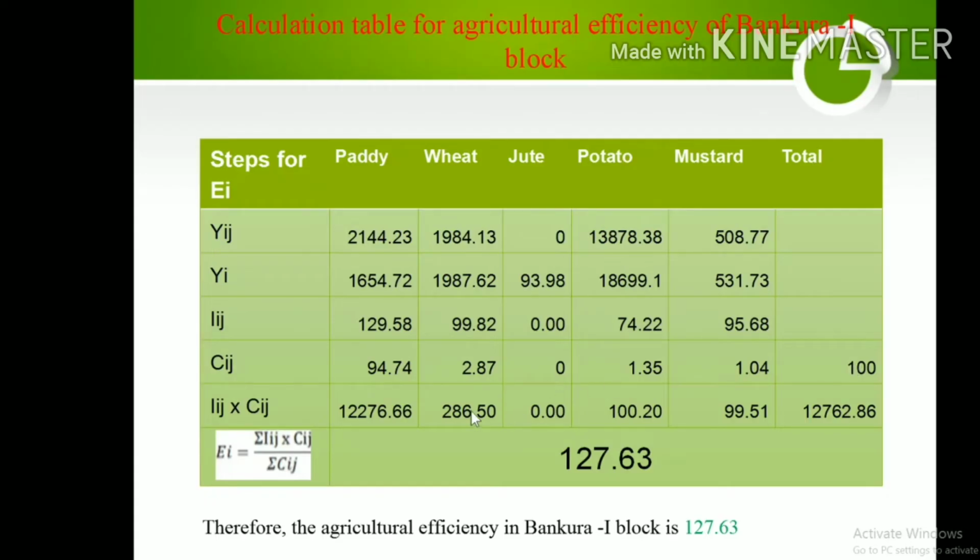When you divide the summation of Iij into Cij by the summation of Cij, this will give the result of agricultural efficiency, that is 127.63. So the agricultural efficiency in Bakura 1 block is 127.63. In this way you have to calculate the agricultural efficiency for all the blocks.